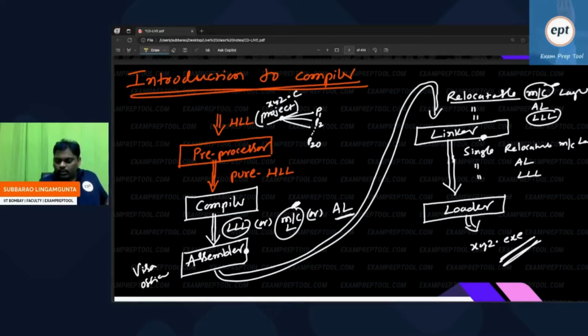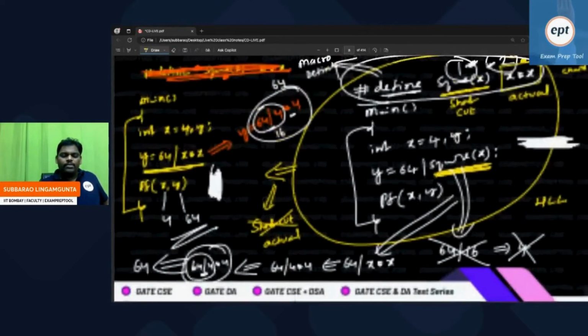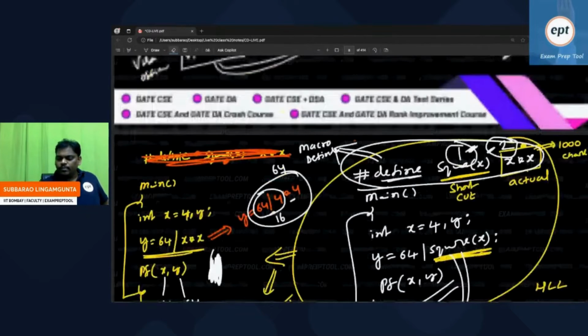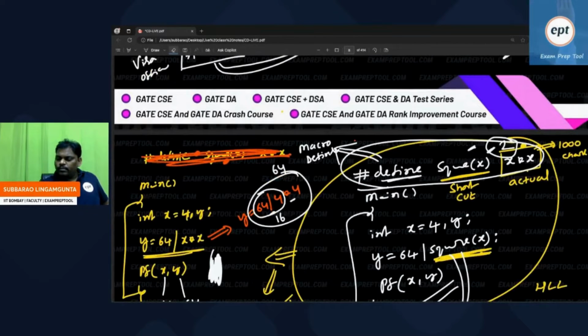So see this one, to explain the story, I have given this entire page for the preprocessor. The main component, whatever we discussed so far about the preprocessor, the major discussion we did.